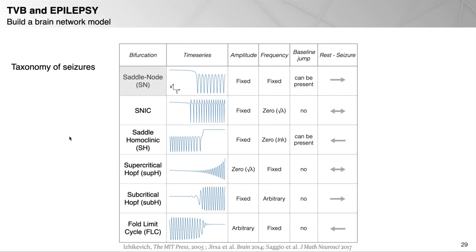When we progress toward the offset of the seizures, we also have a DC shift back to baseline. Only the fold limit cycle and the saddle homoclinic bifurcations show a DC shift at the bifurcation point.